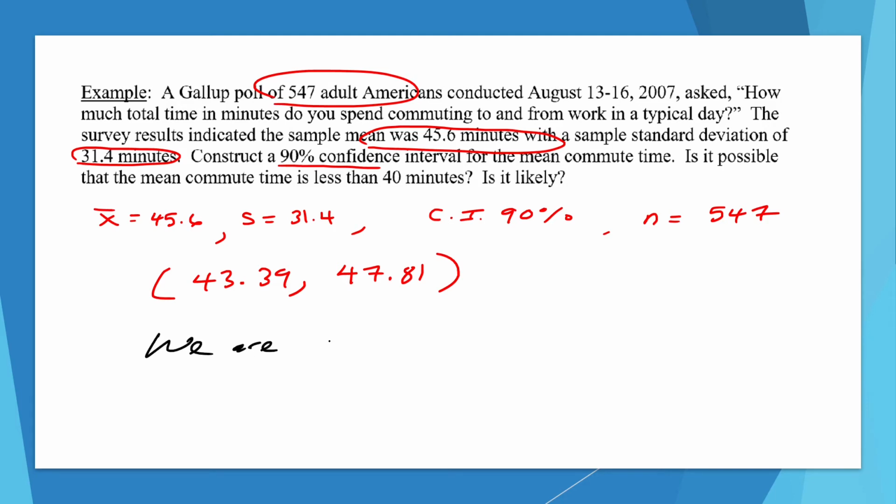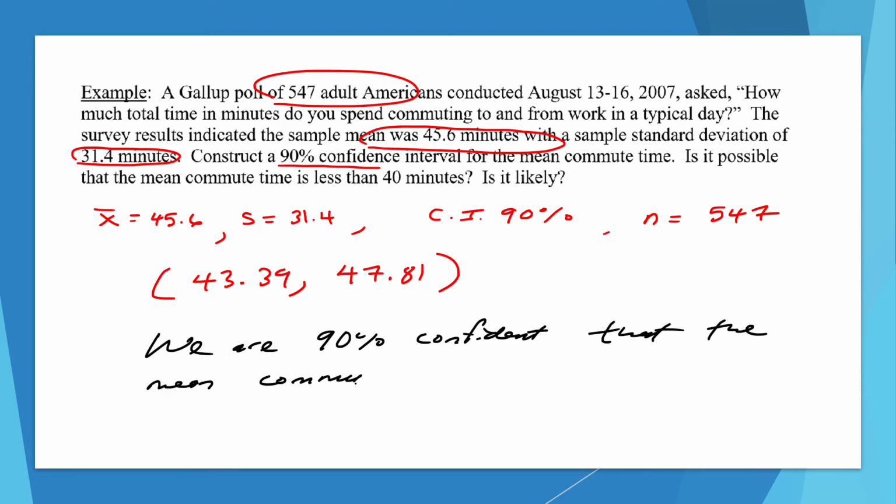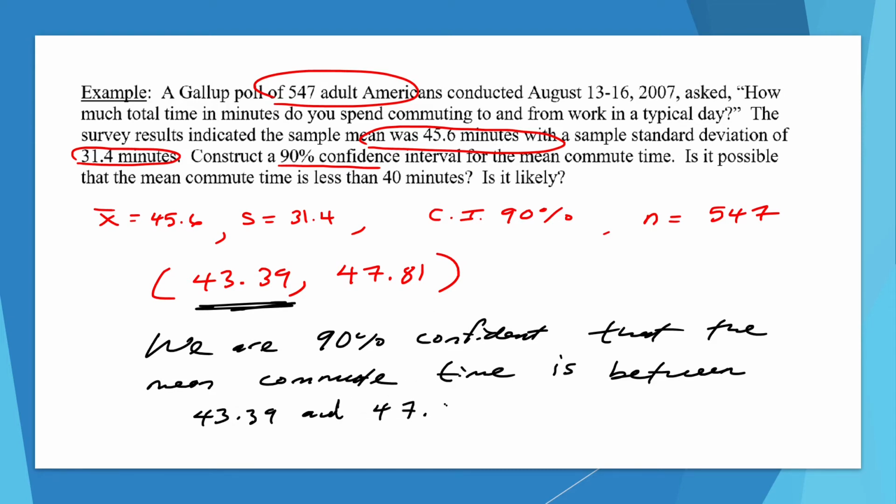We are 90% confident that the mean commute time is between 43.39 and 47.81 minutes. We are 90% confident that the mean commute time is between 43.39 and 47.81 minutes.